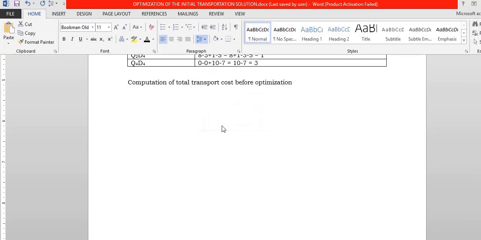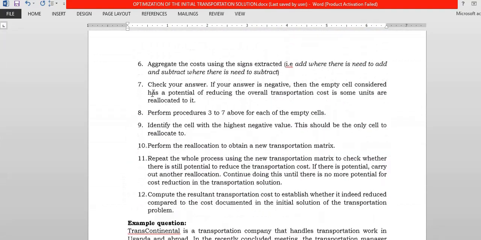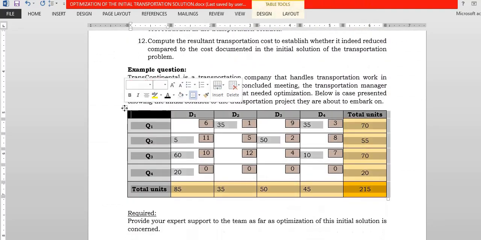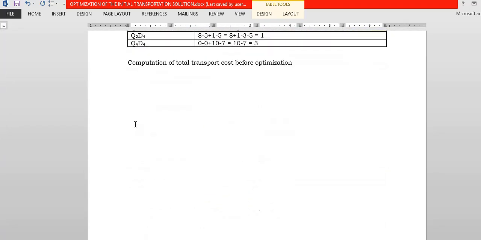Okay, let's see. So I'm going to extract the initial matrix. This is the initial matrix we had, and I put it down here and I see what we get.